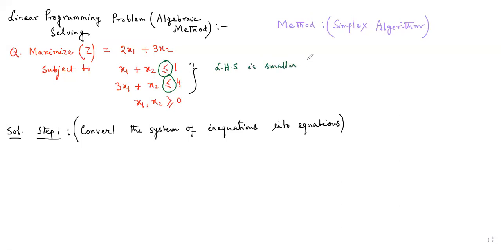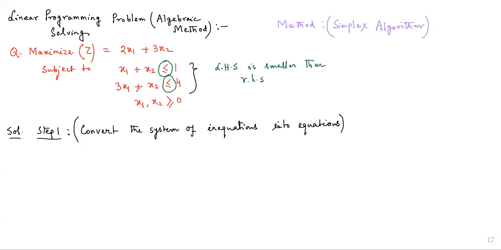Practically speaking, if you talk about a balance whose one side is smaller than the other side, what we do is add something on the portion that has less amount of item in it. We make it heavier and try to balance the system. So think of these individual constraints as a kind of balance.